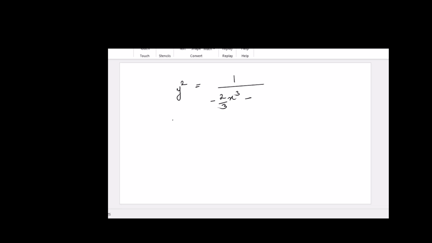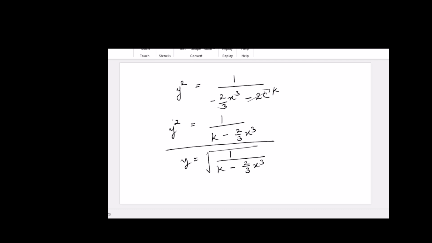We can just say negative negative here, then 2c, right? You can change this to another constant, which is k, because it's a constant. So y squared equals 1 over k minus 2 over 3 x cubed, and your y can be the root of 1 over k minus 2 over 3 x cubed. Yes, so you've gotten your answer in terms of y as a function of x.